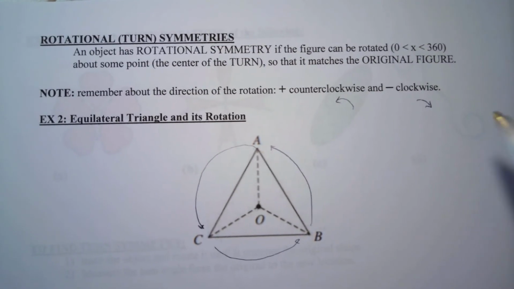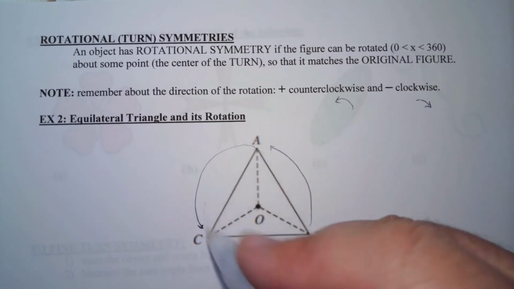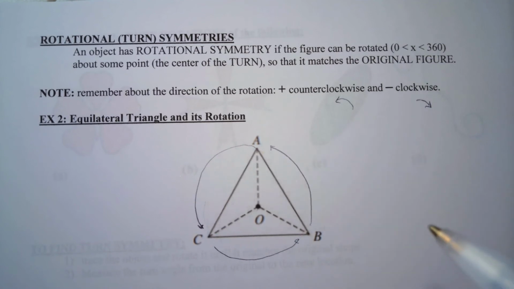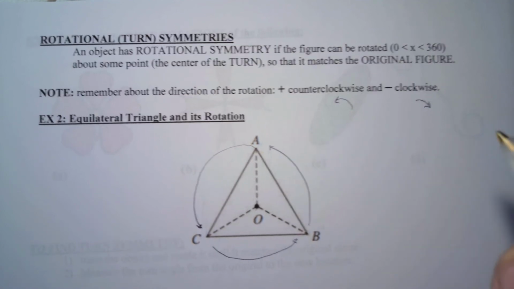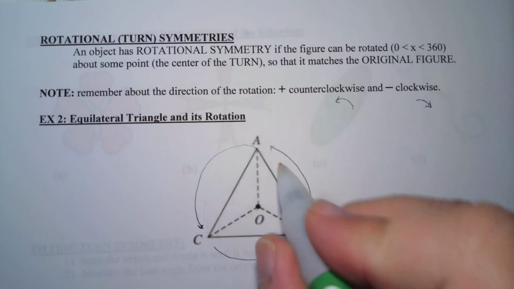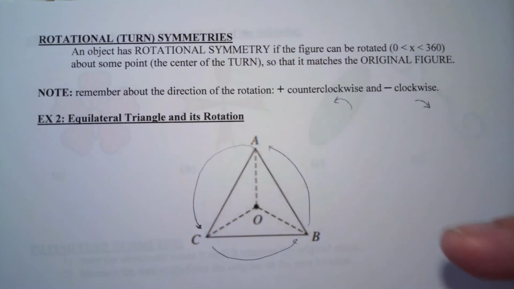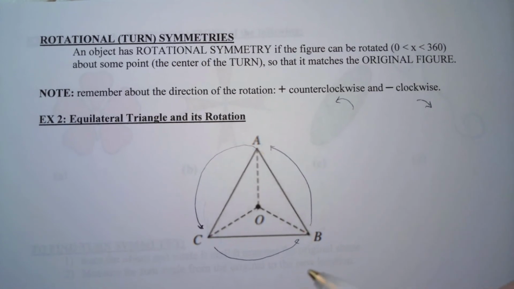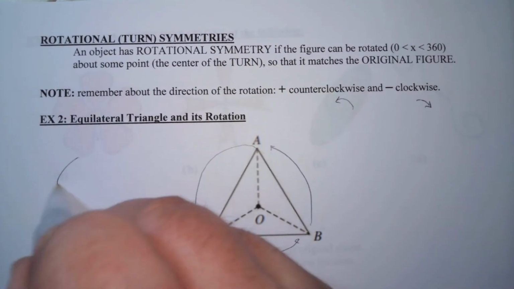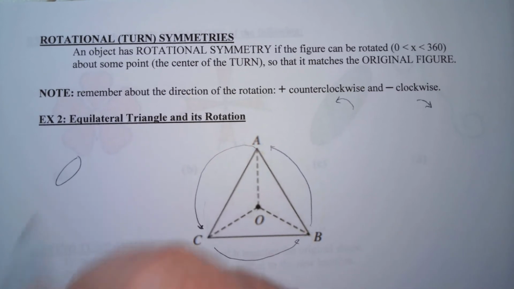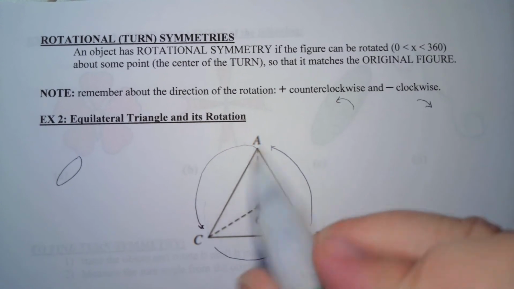So, this one has 2 rotational symmetries, because every object will have a rotational symmetry of 360 degrees. If I took any object and rotated it 360 degrees, it's going to end up the way it looked. Duh, so we don't use that.